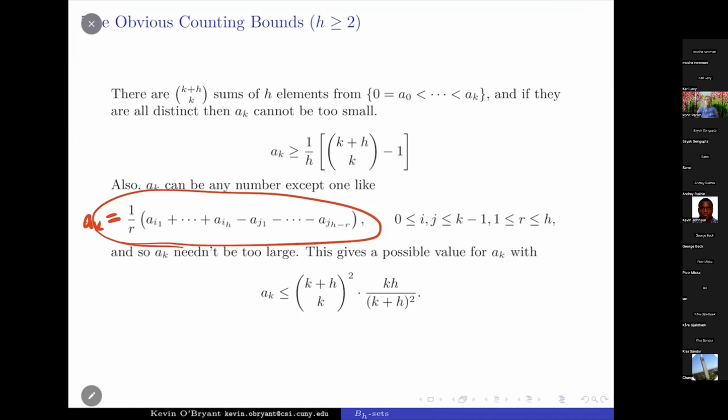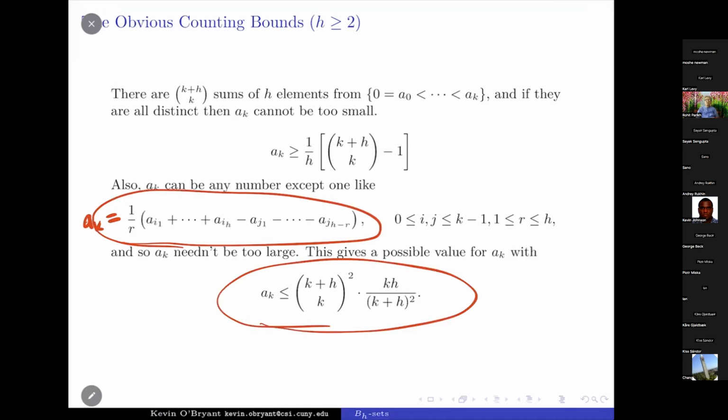And there aren't infinitely many forbidden numbers, so you don't have to take a sub k to be huge. You can take a sub k small enough to avoid all of these forbidden numbers, and you can do that while having a sub k not too large.